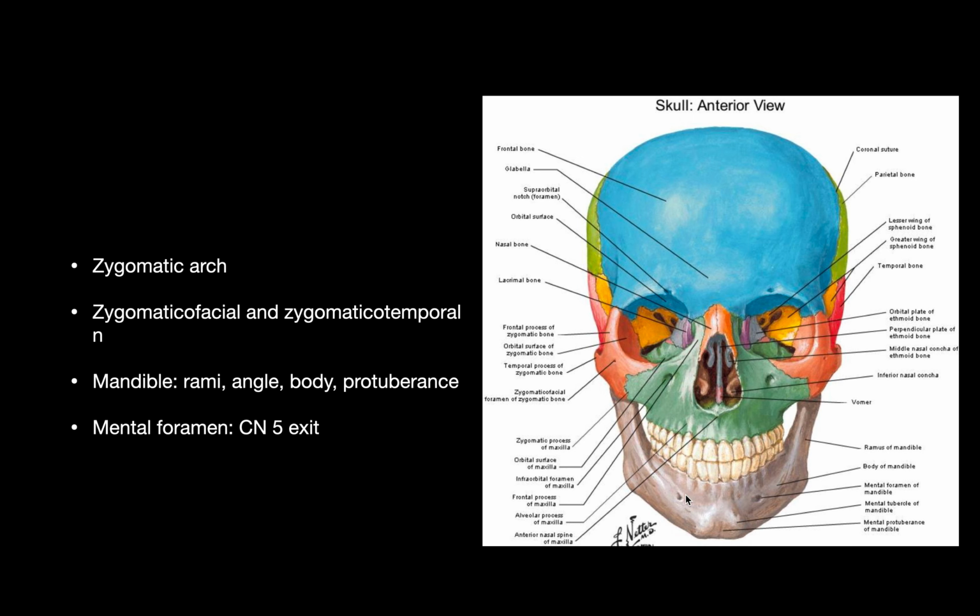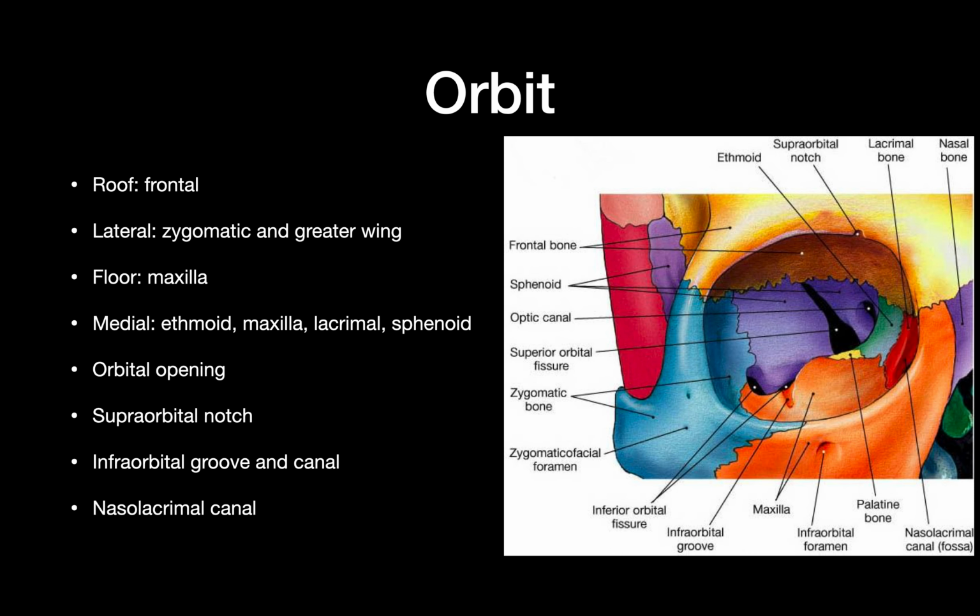The mental foramen are where the cranial nerve 5 branches exit. I didn't put it in the notes, but it's important to know that the frontal sinuses and the maxillary sinuses are used as voice resonators, and are also used to lighten the weight of the skull.